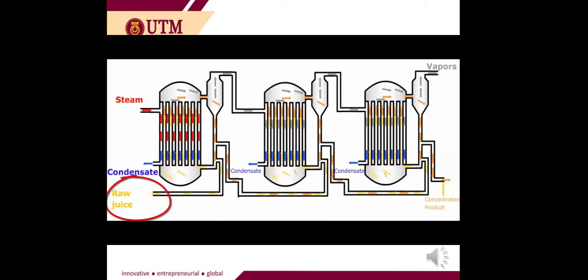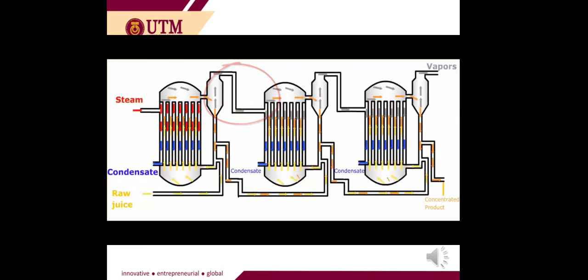The raw juice is entering from the bottom as shown, and it rises in those tubes as it heats to the top, where some of the liquid turns into vapor and the other concentrated liquid then moves down. The vapors leave the first effect, and rather than discharging them into the atmosphere, those vapors then enter the second effect as the heating medium.